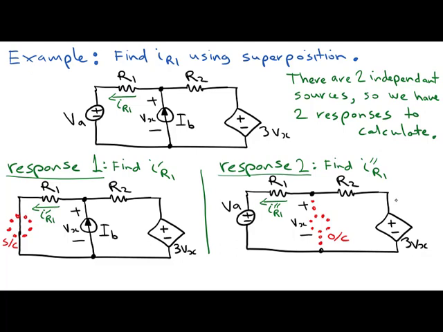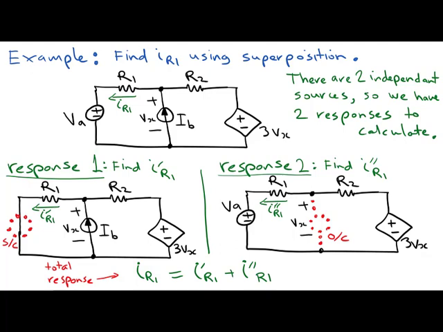So then, when we find the two quantities, the two responses, we add them up. So IR1 is going to be equal to I prime R1 plus I double prime R1. And so IR1 is the total response. So that's for the original circuit.